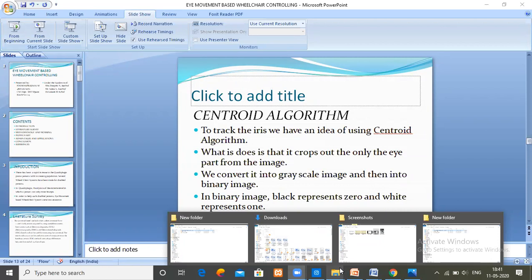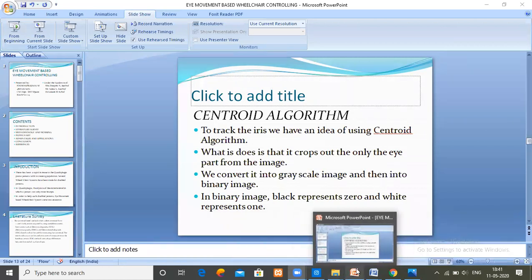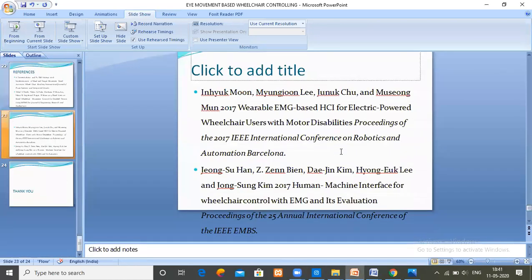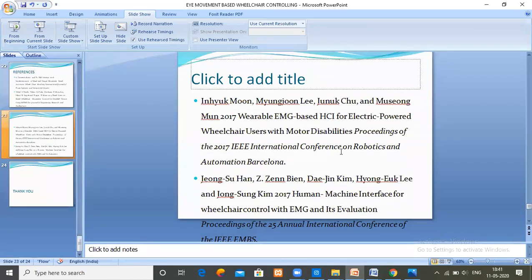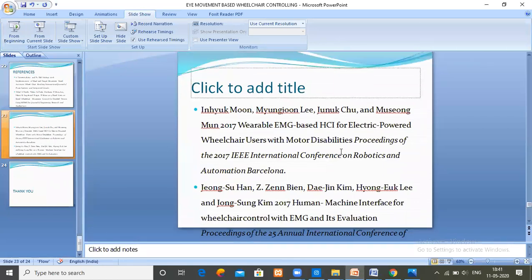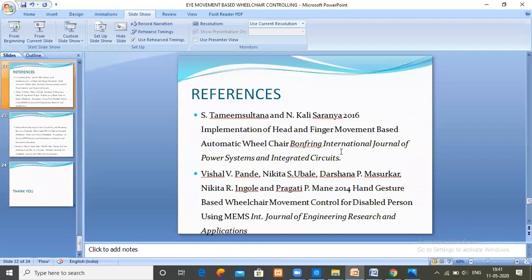In the PPT, whether you have put the references or not? Yes, sir, I have put. Show me. Here. Okay, but the references are not put properly, right? In the beginning you have put references. In the second slide, references are not there.